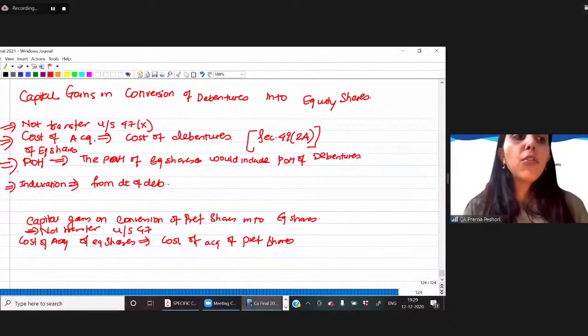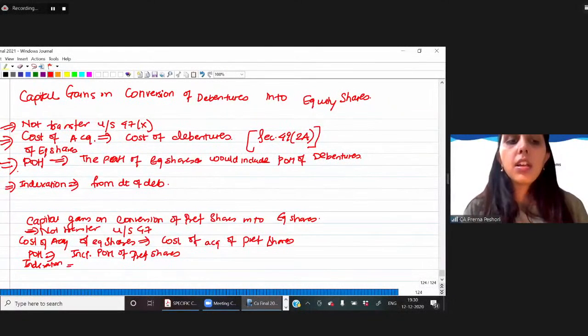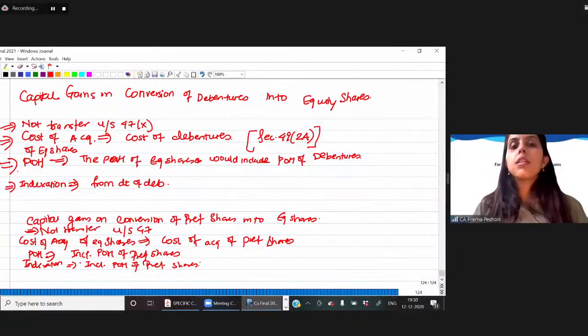What will be the period of holding in this case? The period of holding of equity shares would include the period of holding of preference shares. And so is the indexation period. Clear? Any doubts with respect to this? Did you get this?